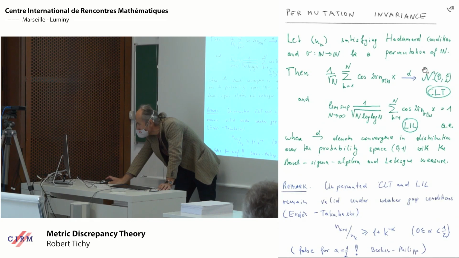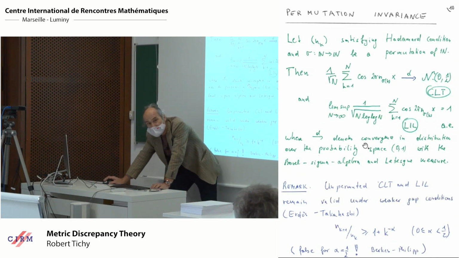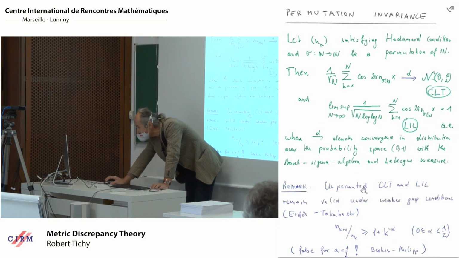Central limit theorem with normal distribution, not standard, 1/2 is the variance here, as I mentioned before, centralized here, and similar for the lim sup, so for the law of the iterated logarithm, correct normalization here. And of course, distributional convergence here on the usual probability space I just mentioned.